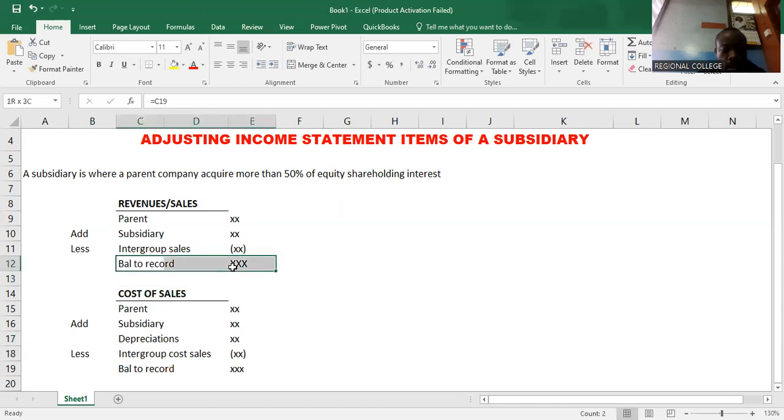So this is what we record under the sales, and this is what we record under the cost of sales.